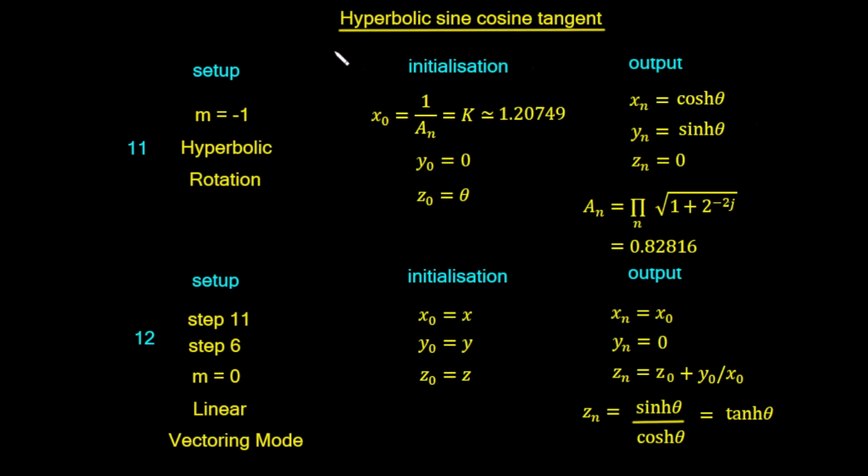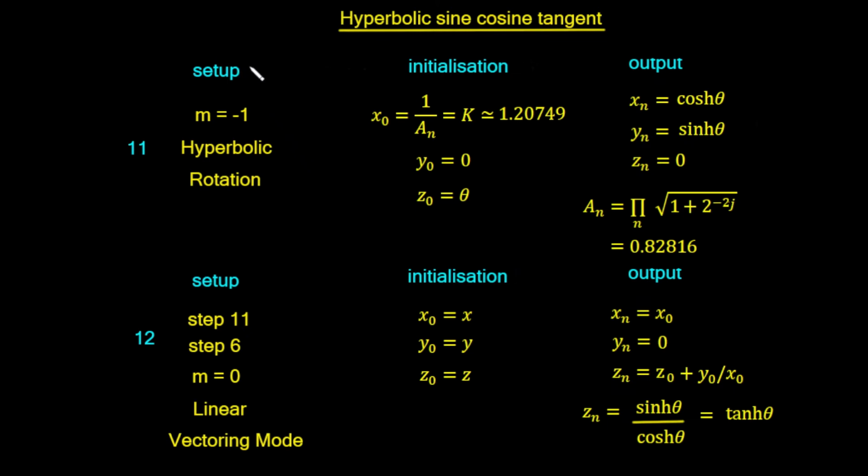Now we can generate the hyperbolic sine, cosine and tangent using a similar process to the one we used for the sine, cosine and tangent. In this case we're going to be using hyperbolic.